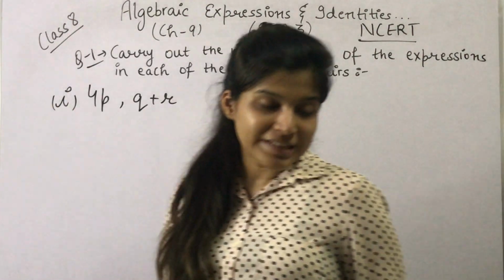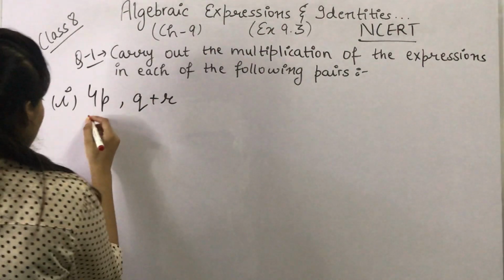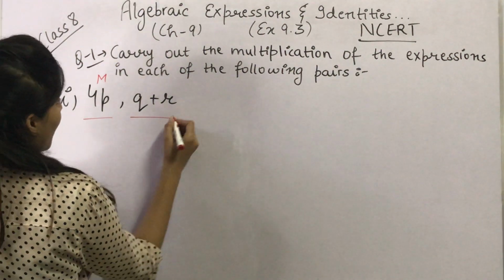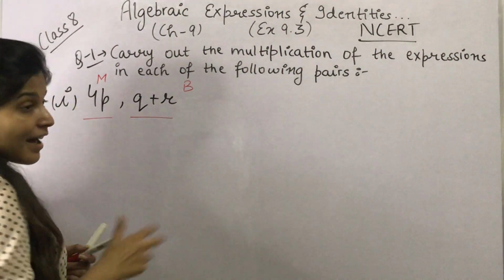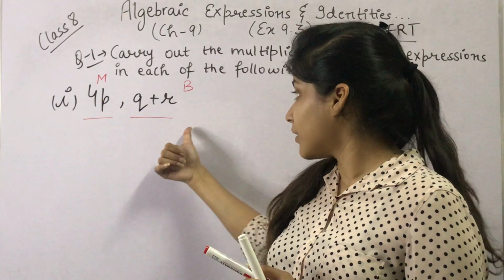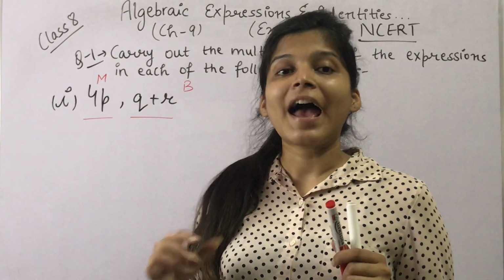And q plus r is a binomial expression because we have two terms in this expression, q and r.